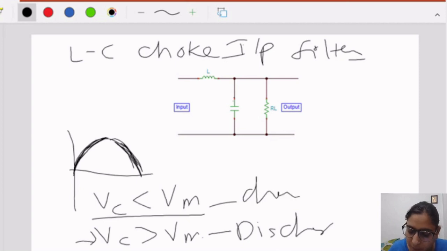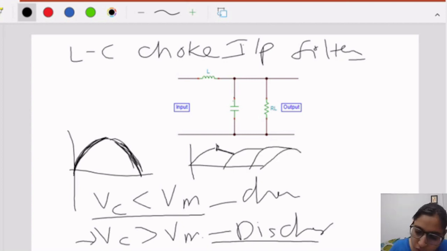So when the capacitor is charging, the waveform rises like that, but after that the waveform goes down, and due to the discharge of the capacitor, it will maintain a particular level. So this is the output waveform when we use a capacitor as a filter. It is maintained in that manner.